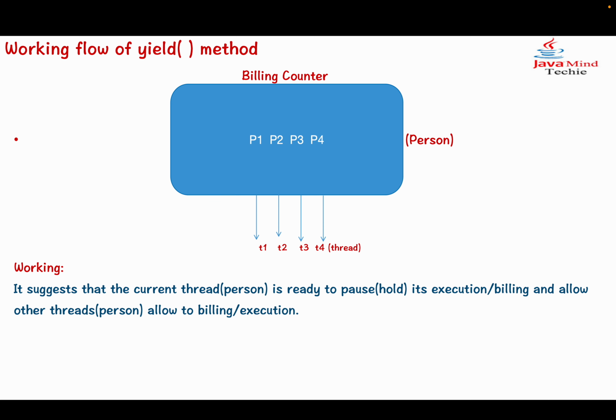So suppose you purchase some products, say 10 to 15 products, and at the same time some person who purchased very few products, only 2 to 3 products, comes and stands behind you in the queue for billing.